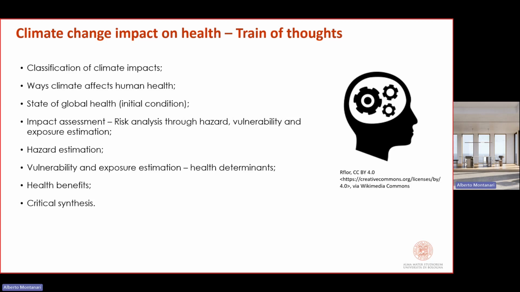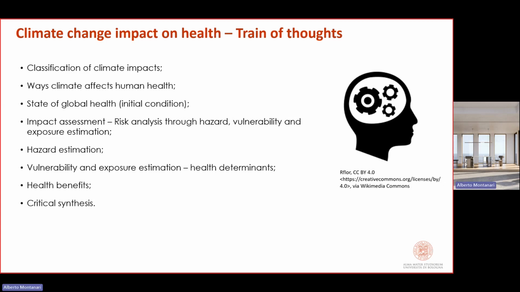Vulnerability depends on the state of the mitigation measures. So when we say that a community is vulnerable, it means, for instance, that the Earth system is not organized enough. Exposure means that the person is exposed to a flood, that the person can indeed be flooded.